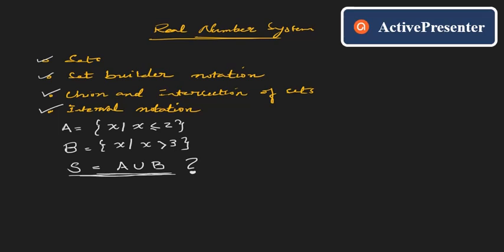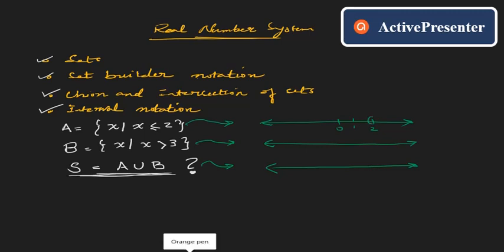In this case, we will graph set A first, and second we will graph set B, and third we will graph set S. Set A: it is closed at 2, and x is less than or equal to 2, so from negative infinity up to 2 closed.